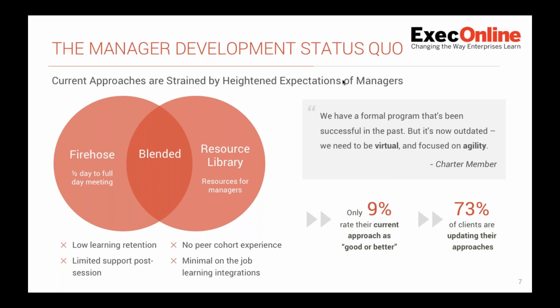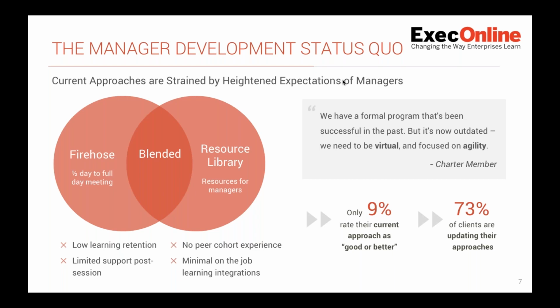There's low learning retention and limited support post-session. Second is a resource library approach where organizations provide video content for managers. Now, the virtue of this approach is that the library can be leveraged when you have a management challenge. But these are underutilized, and the content is often academic. There's no cohort experience or integration into on-the-job learning.